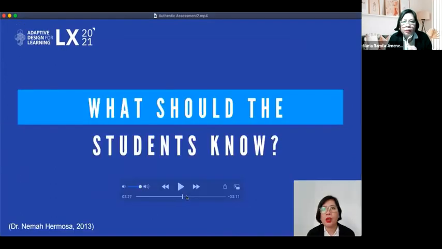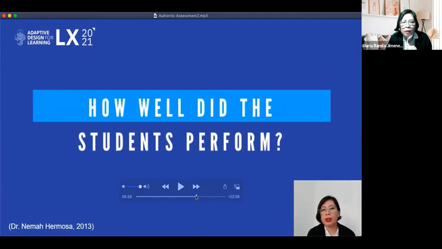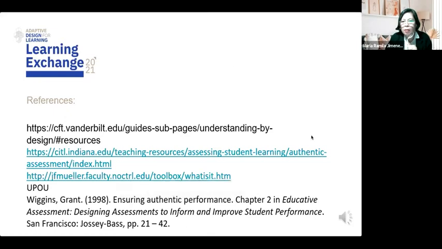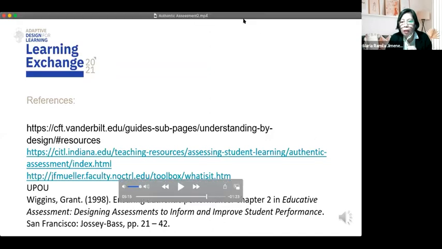Forward po, ma'am. Forward. There's a link there. Maybe I can just put the link in the chat. Yeah, that link, jfmuller dot faculty dot that one, that site. It's an assessment toolbox kit. There's a lot of resources there, even for basic ed, a lot of resources for basic ed as well, and higher ed. So yeah, you can just let me get the link.